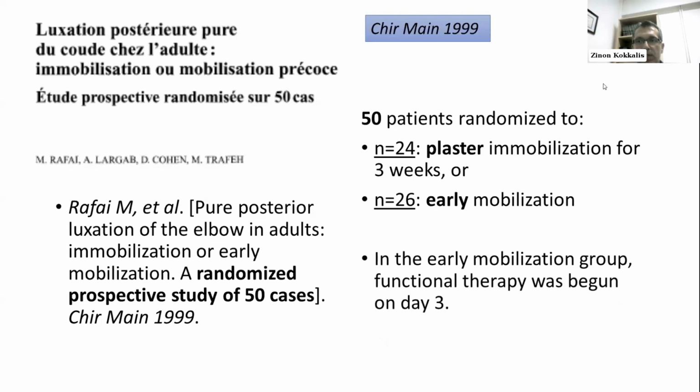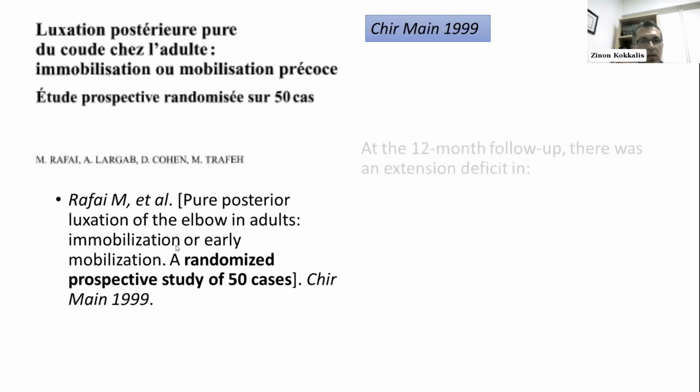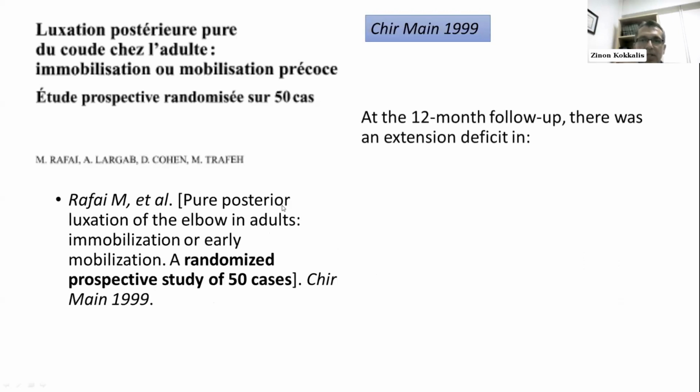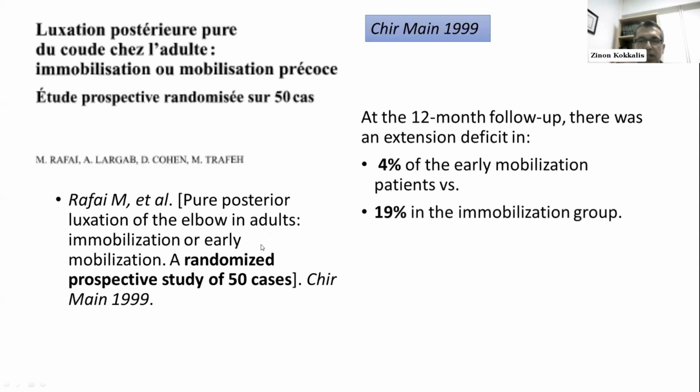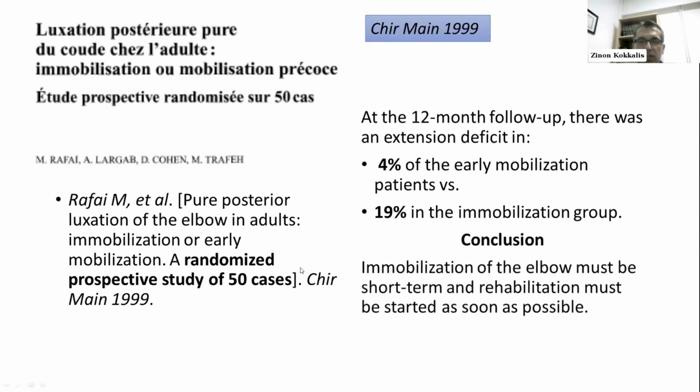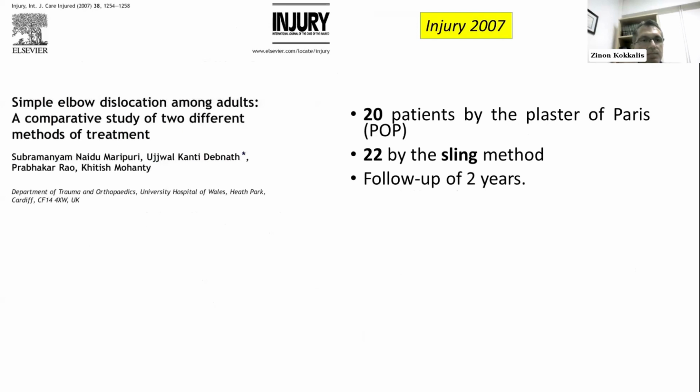In the early mobilization group, functional therapy was begun on day 3, and from this study, at 12 months of follow-up, there was an extension deficit in 4% of the early mobilization patients versus 19% in the immobilization group. These authors concluded that immobilization of the elbow must be short-term and rehabilitation must be started as soon as possible.